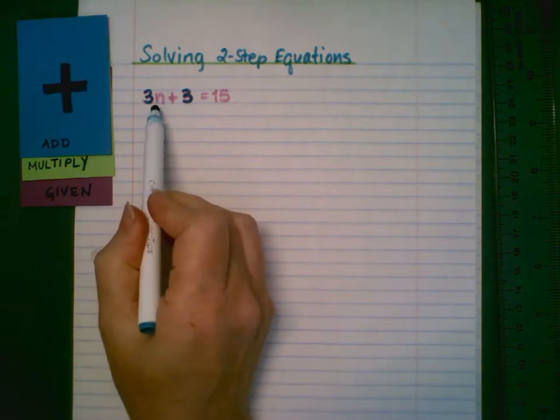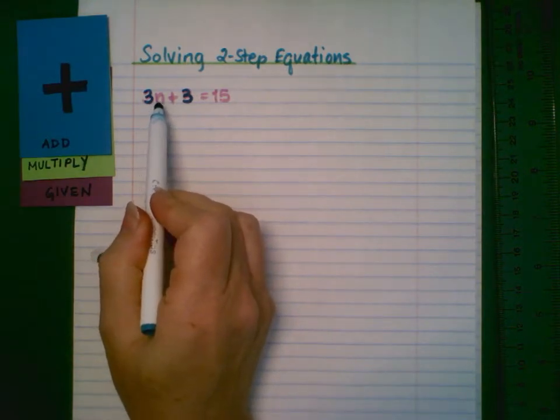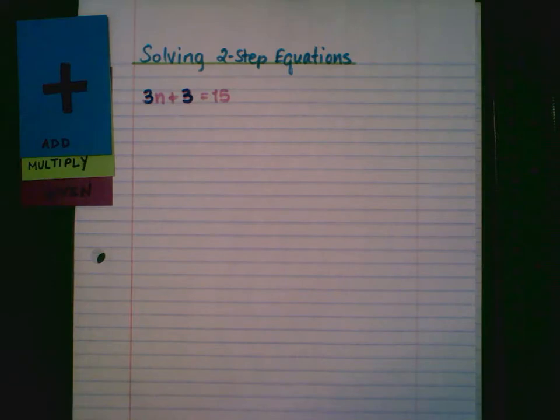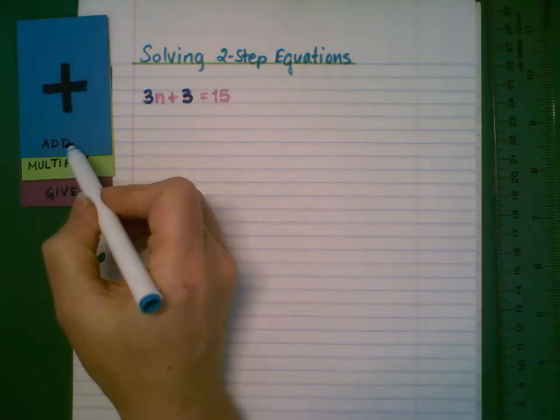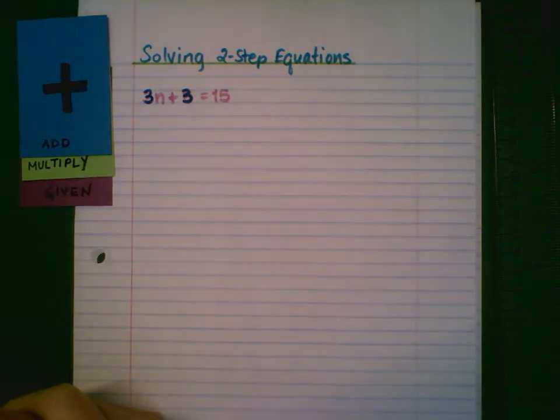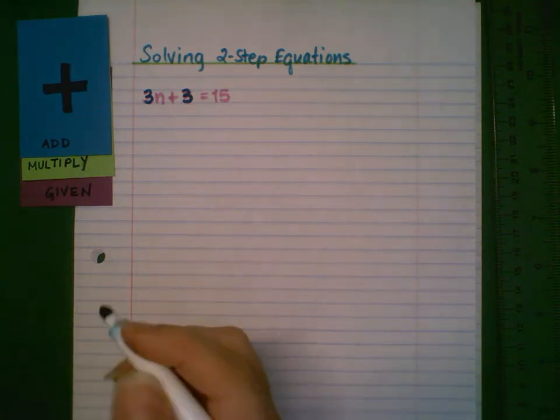So in order to solve for that unknown, I'm going to have to undo the operations in that order. I'm going to undo the addition first and then the multiplication. I undo the weakest link first, or the weakest operation first. An addition is weaker or less powerful than a multiplication is.